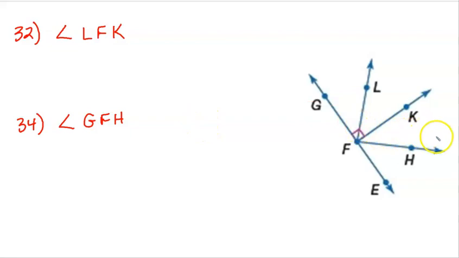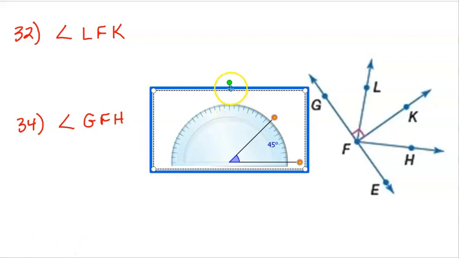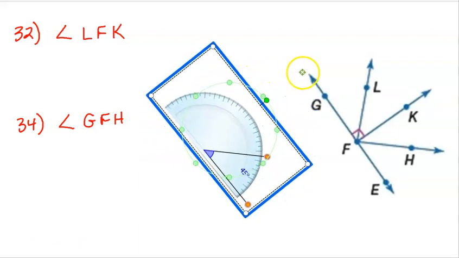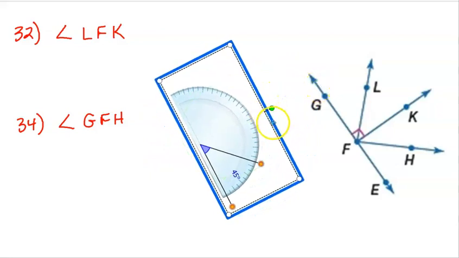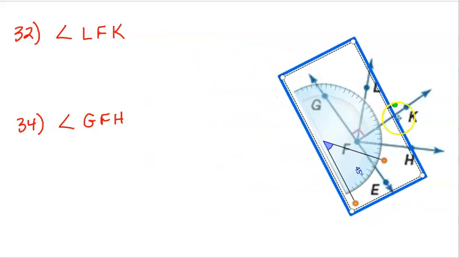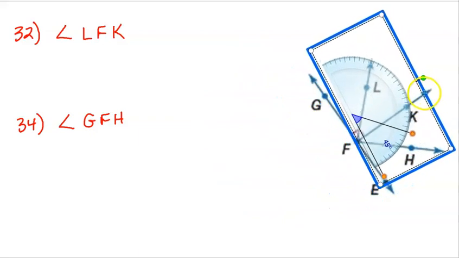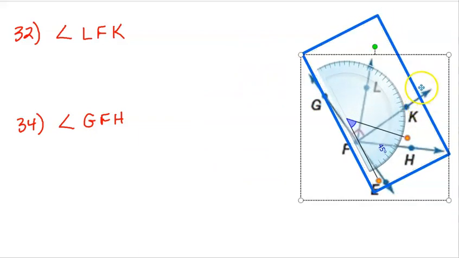For number 32, you're going to have to pull out the protractor that I have given you in class. I'll go ahead and pull mine up. All right, so here's my protractor, and I'll turn it so I can line it up with the bottom line GE. It needs to turn just a little bit.